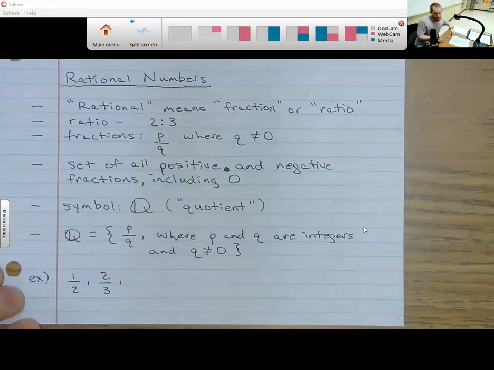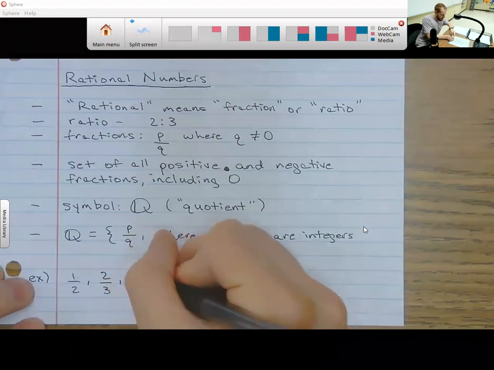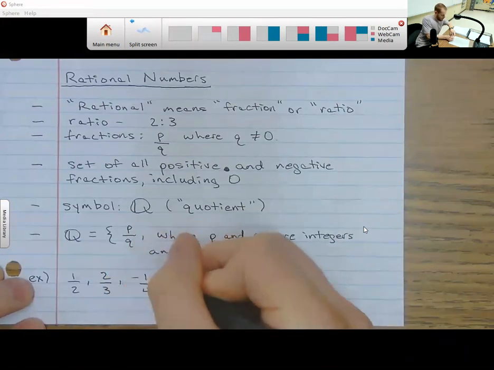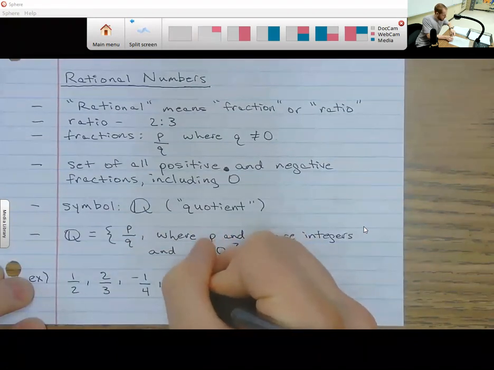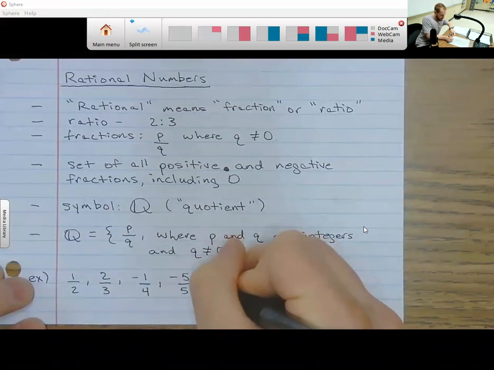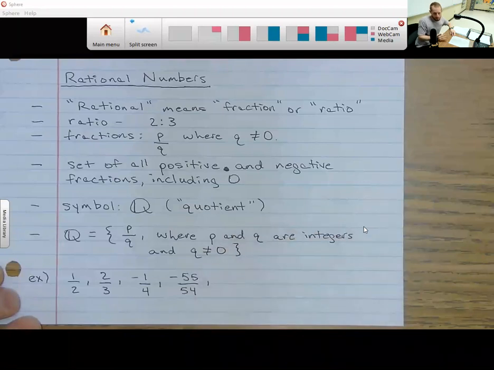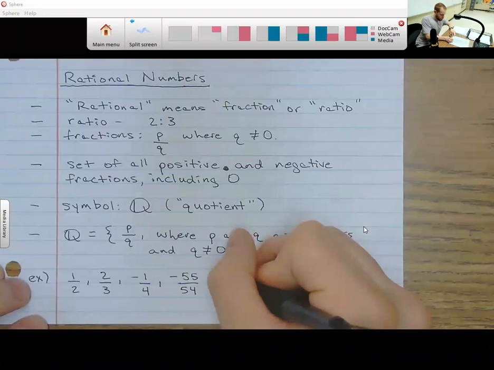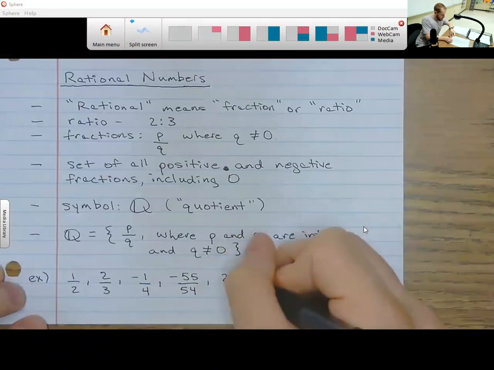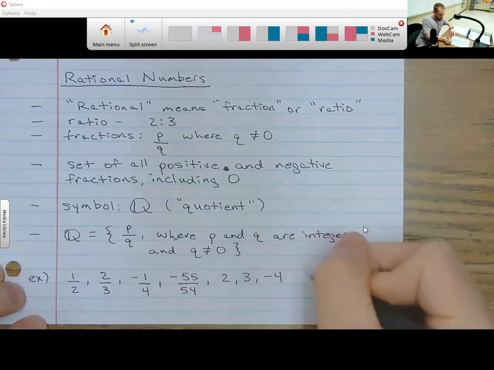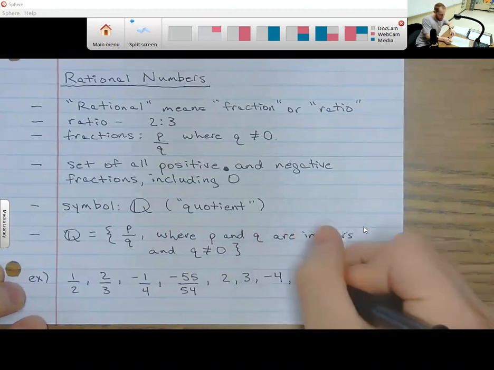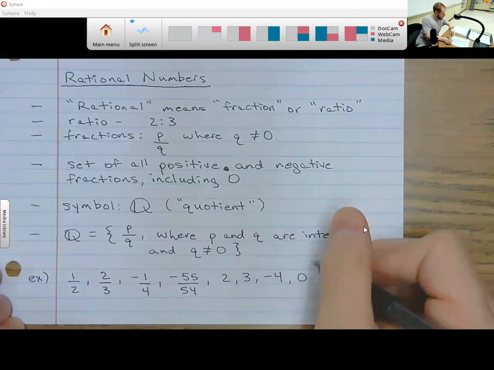You could also have negative fractions, like -1/4 or -55 over 54. And also realize that whole numbers can be written as fractions. So 2 is a rational number, 3 is a rational number. Of course, the negative whole numbers are there also, and 0 is a rational number.